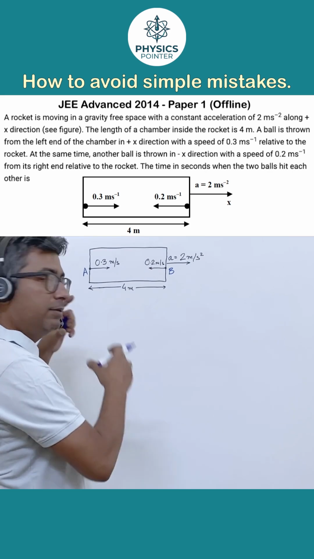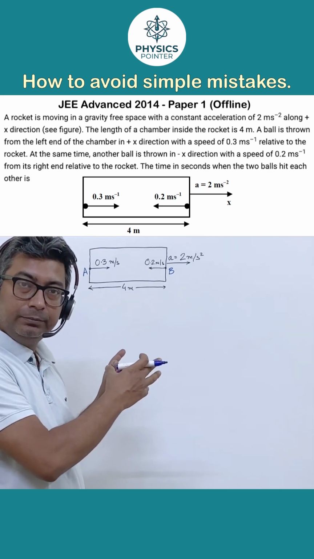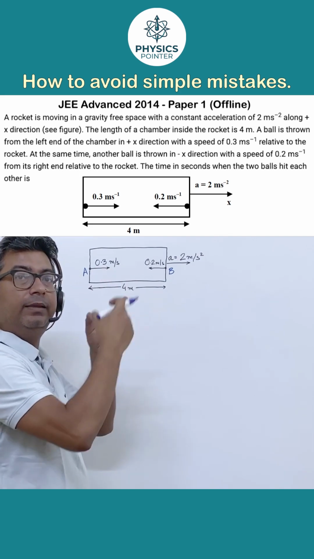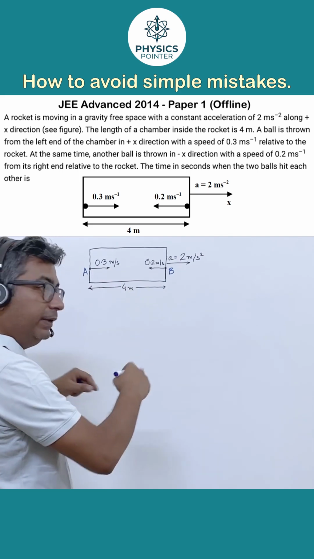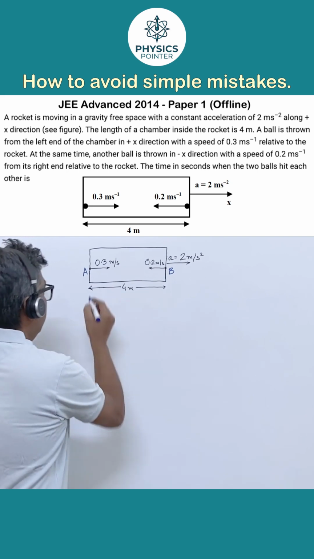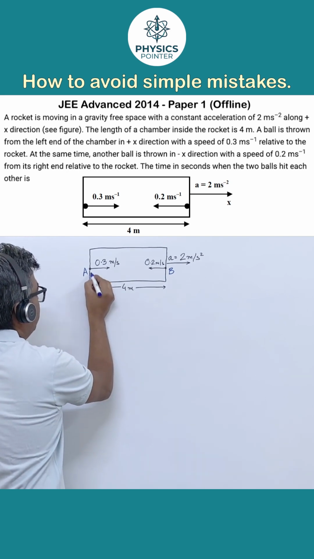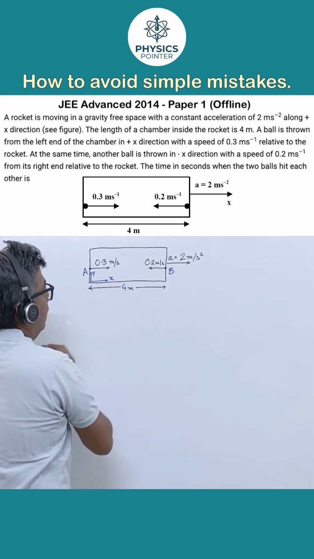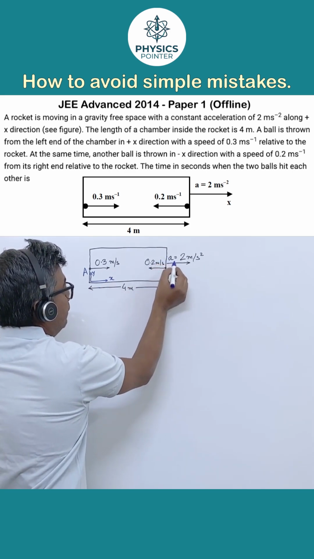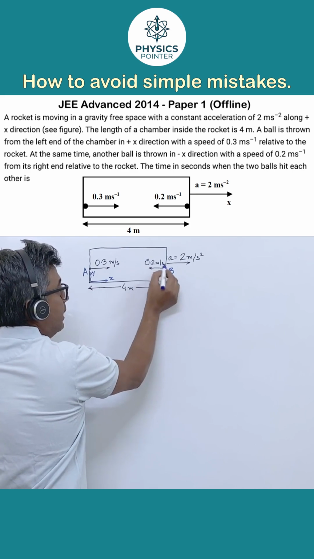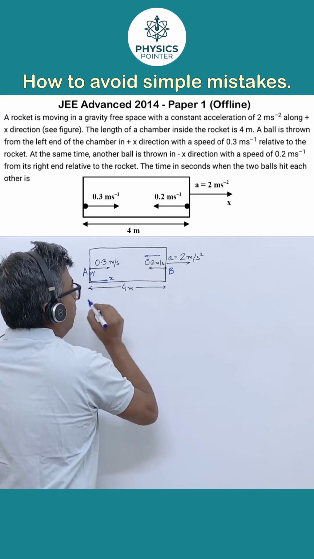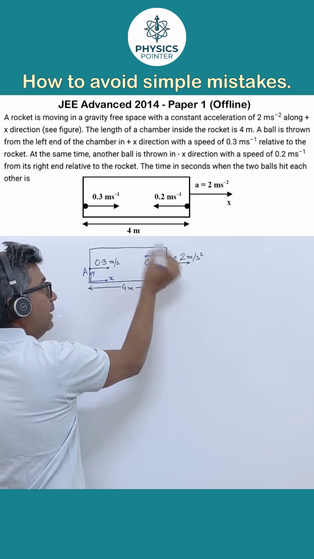Because this is a non-inertial frame, we need to get inside this chamber and then try to solve the problem. Whenever we get inside the chamber, let's say I'm sitting at this position with my y and x axis. On these two bodies A and B there is a pseudo force applied, and the acceleration is exactly opposite.